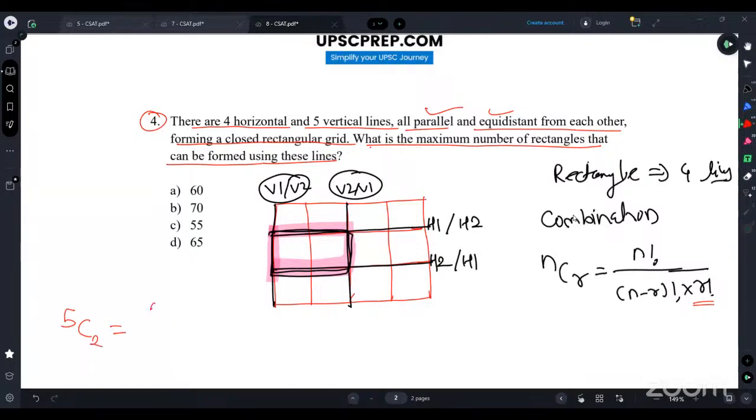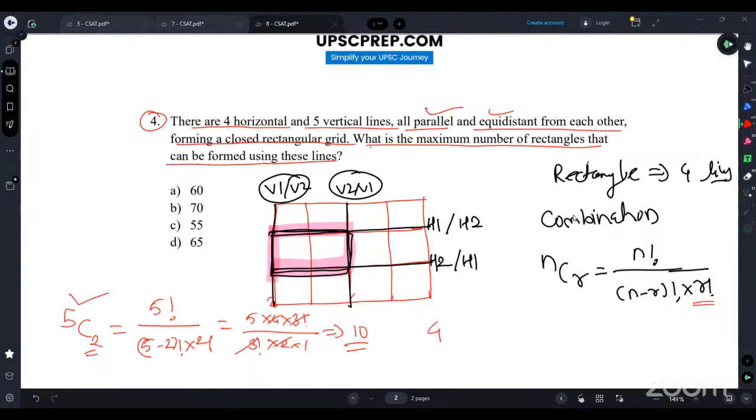So it will be 5 factorial upon (5 minus 2) factorial into 2 factorial. Let's solve this now. 5 into 4 into 3 factorial upon 3 factorial, into 2 factorial which is 2 into 1. This 3 factorial will get cancelled. 2 twos are 4, 5 twos are 10. So this is for vertical lines.